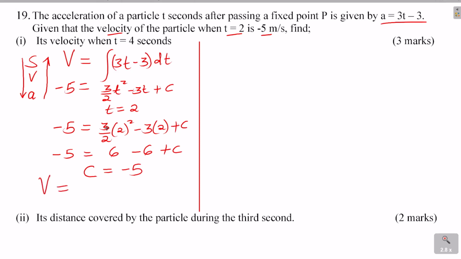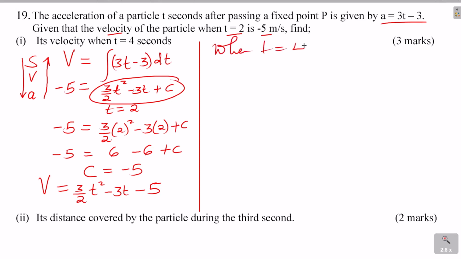Now after getting the constant, we can get the full expression for velocity. Velocity is therefore given by the expression after we integrated acceleration: 3/2 t² - 3t, then the constant c, which we got as -5. Now what is remaining is just to get the velocity when t = 4.